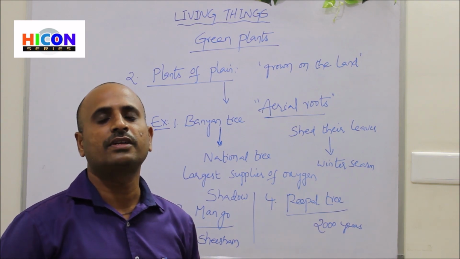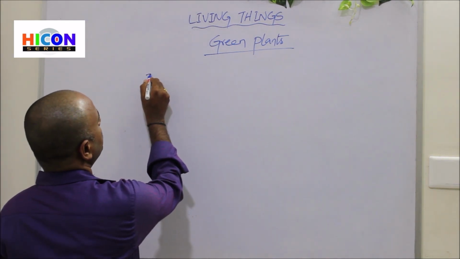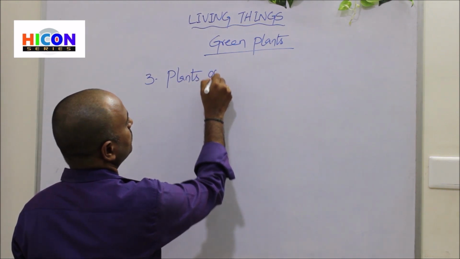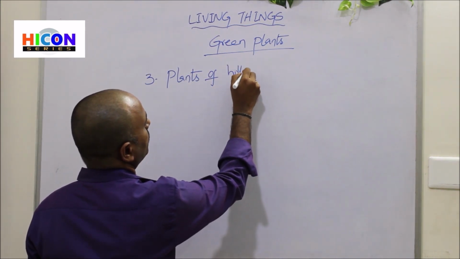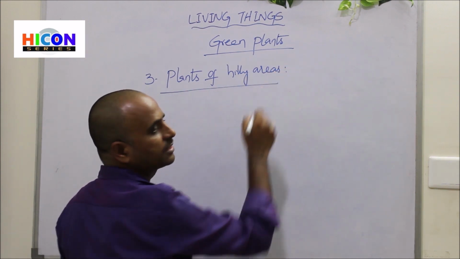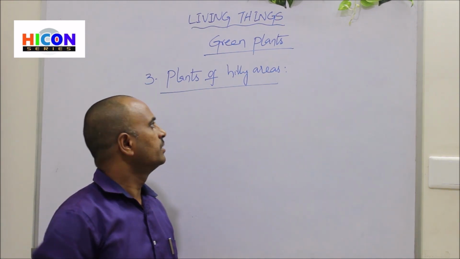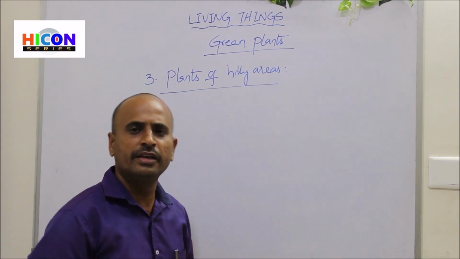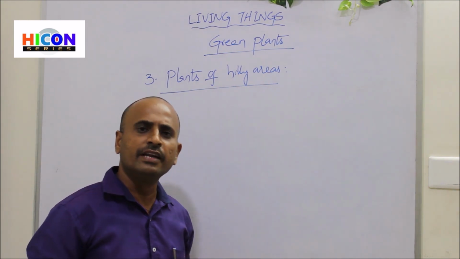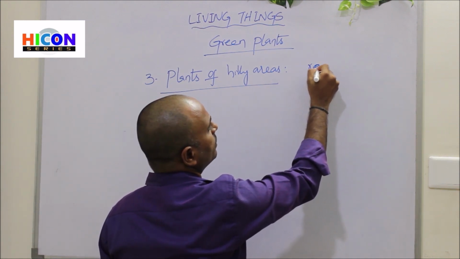The third type of terrestrial plants are plants of hilly areas. These plants grow especially in hilly areas, where we frequently observe rains.